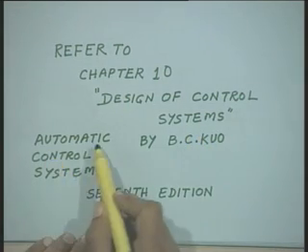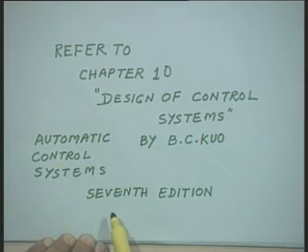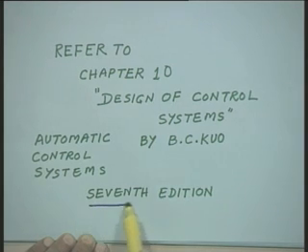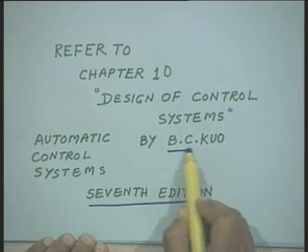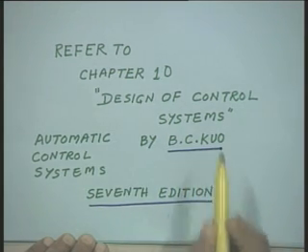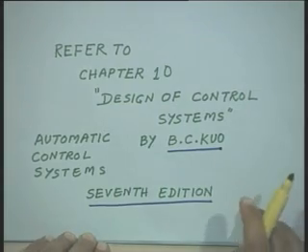The title of the book is Automatic Control Systems, 7th edition, by B.C. Kuo. B.C. Kuo is a very standard textbook on automatic control systems, and I am sure you will be in a position to clearly understand how this is to be designed.